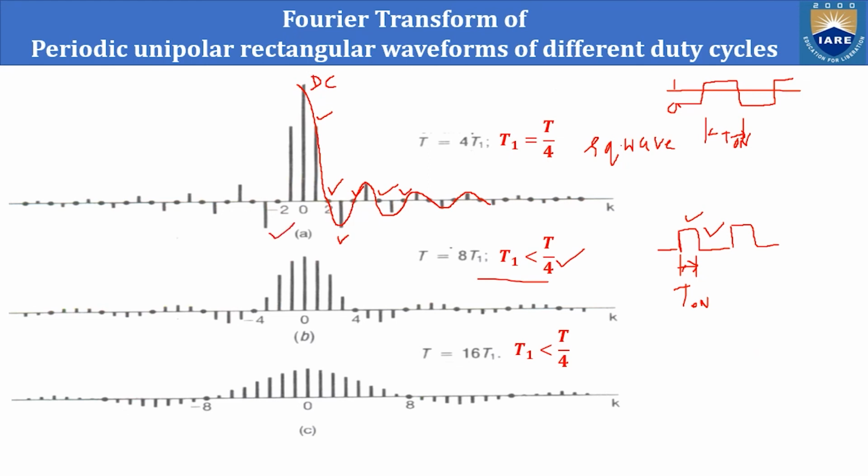Here, because the pulse width has reduced, the main lobe has increased in width.